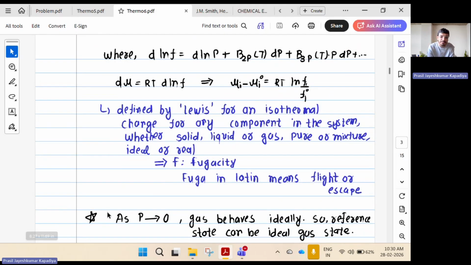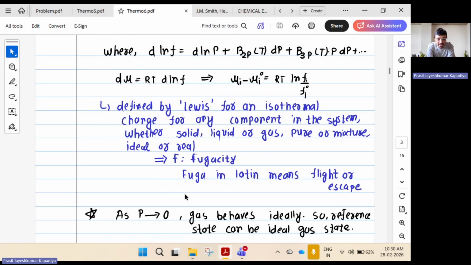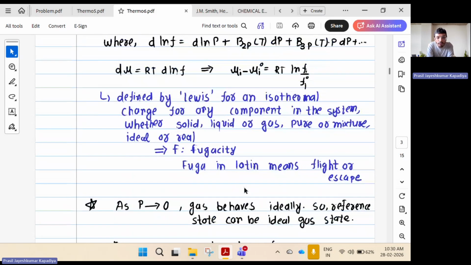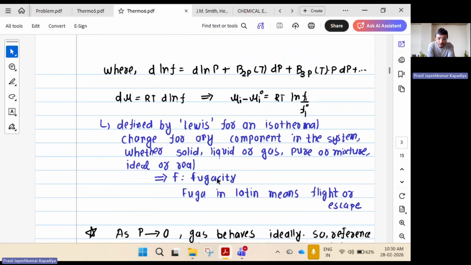As my pressure tends to zero, what is going to happen? My gas is going to behave ideally, so my reference state can be the ideal state. So for a pure component, as P tends to zero, what should be my ratio of F by P?